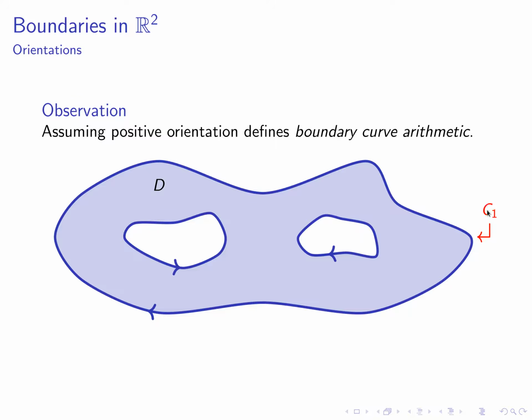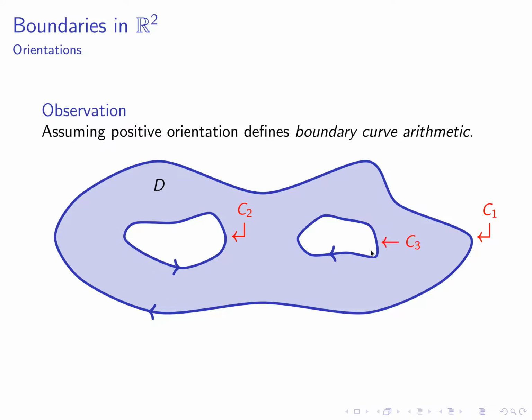So what this indicates is that C1 is actually working against the positive orientation. If we look at this inner curve to the left here, we find that we're traveling in the clockwise direction. And if we look at any point on that curve and look down the unit tangent, we would find the domain to be to the right again, which means that C2 is giving us the negative orientation.